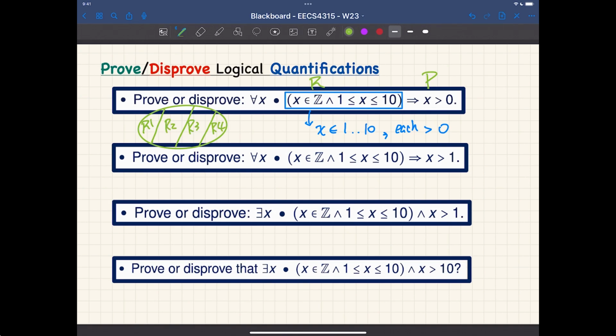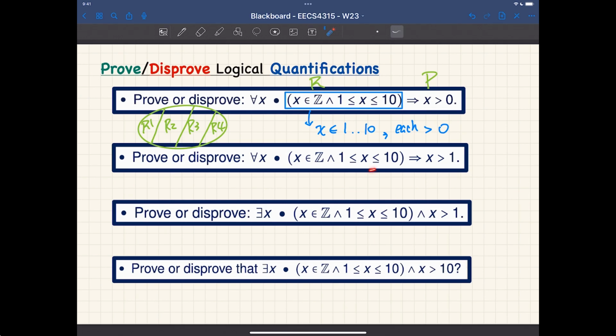You may have to do some case analysis, considering the range in 4 cases. For case 1, it satisfies P. For case 2, it satisfies P, and so on. It's a more general strategy. Sometimes you may have to do some partition. Let's not worry too much about it. That's a bit tricky. Don't worry.